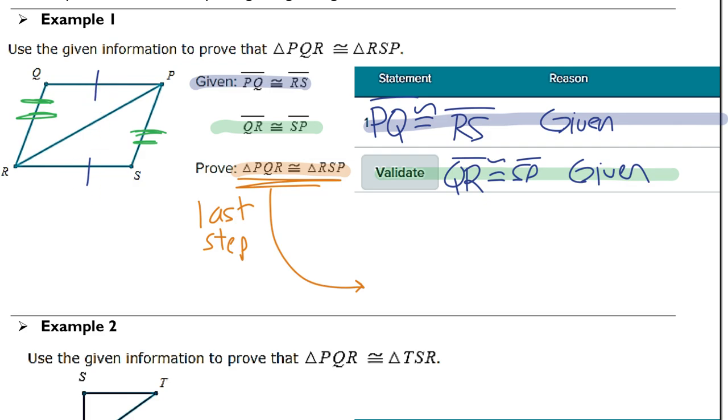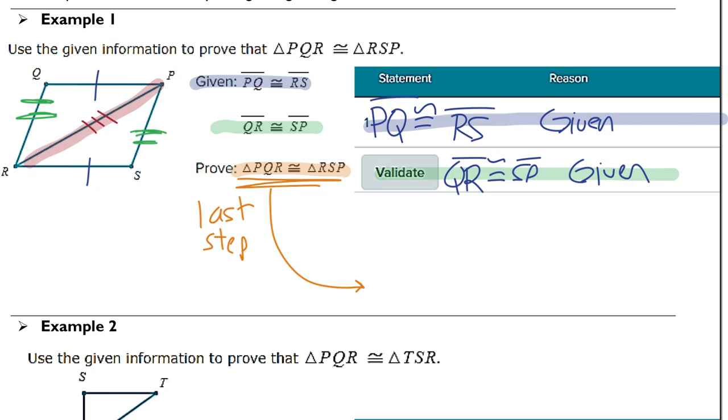Now, we want to prove these are congruent triangles. This triangle here and this triangle. We want to show that PQR is the same as RSP. Well, we have side, side, and then remember this final side here is itself the same thing as itself.